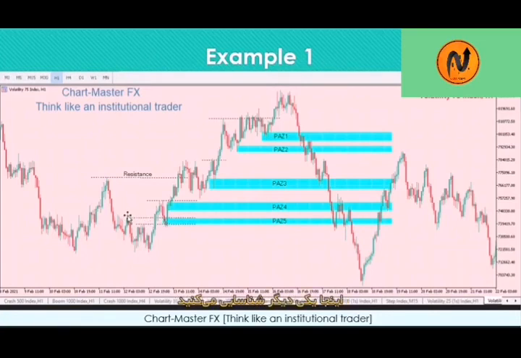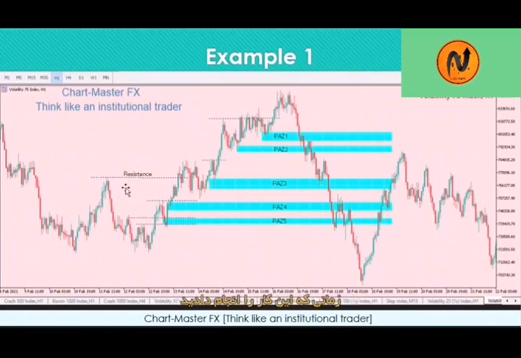You identify another one here, you draw a resistance line. You identify another one, you draw your resistance line. You identify another one here, you draw your resistance line. You identify another one here, you draw your resistance line. This is how you draw these resistance lines, guys.